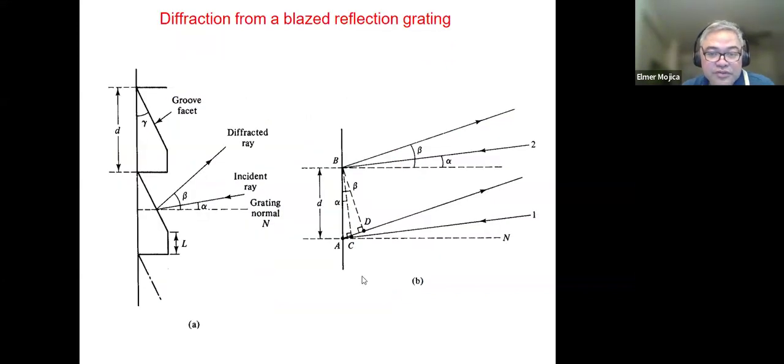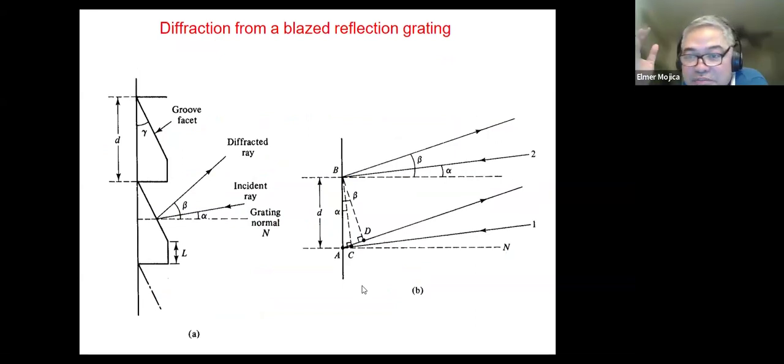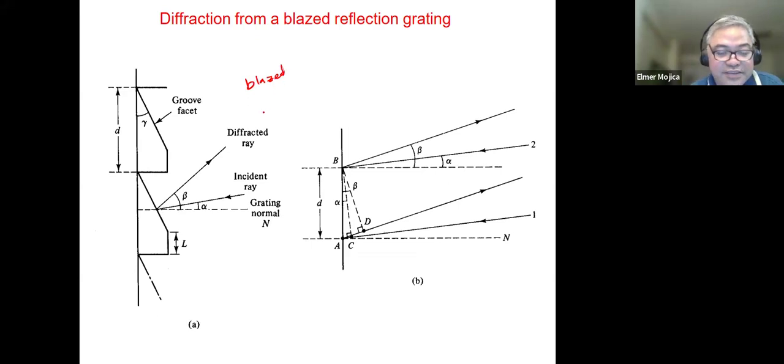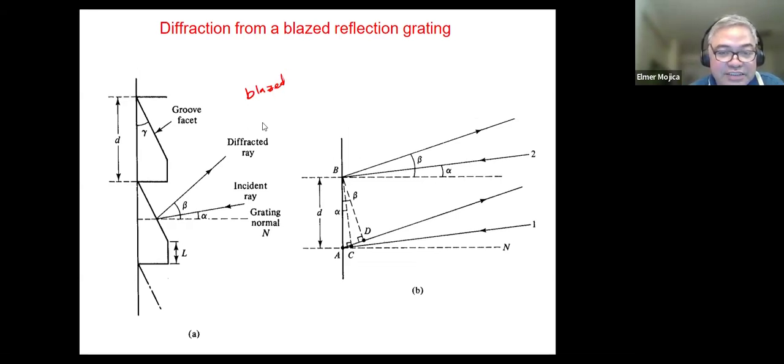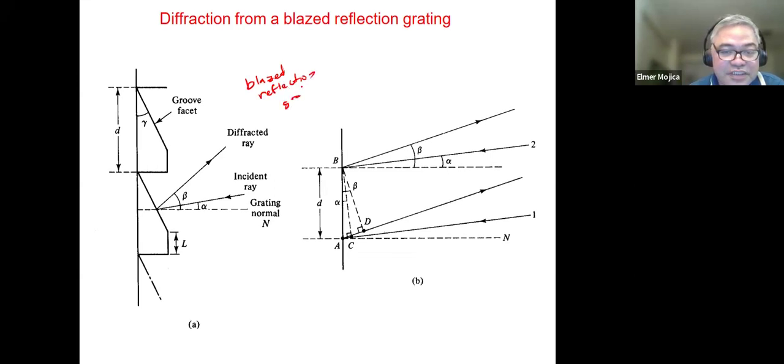If we look at the grating here, this is diffraction from a blaze reflection grating.